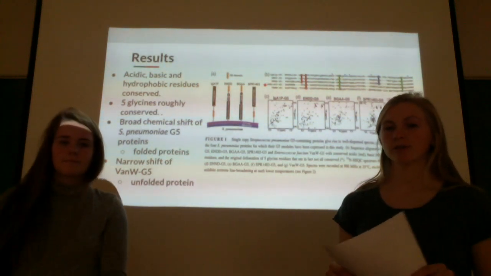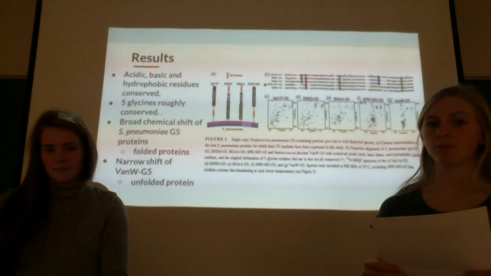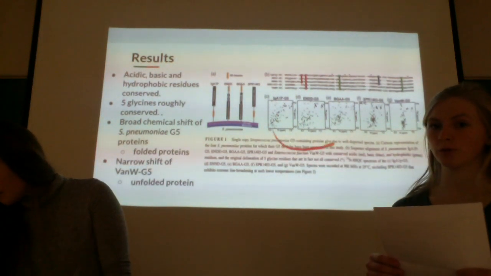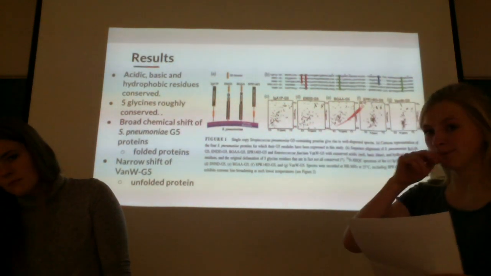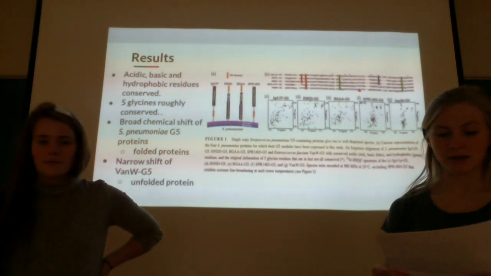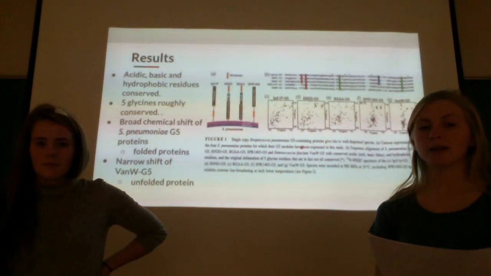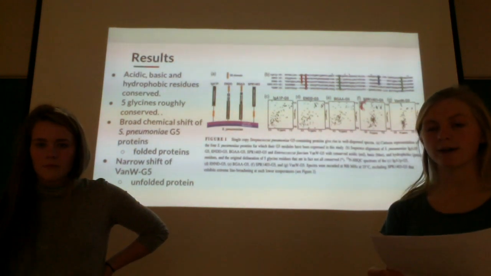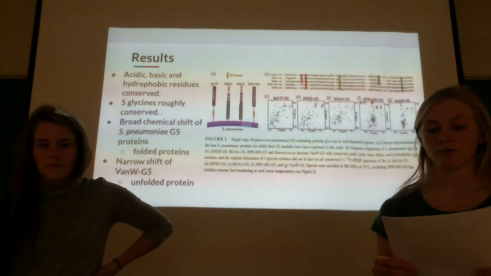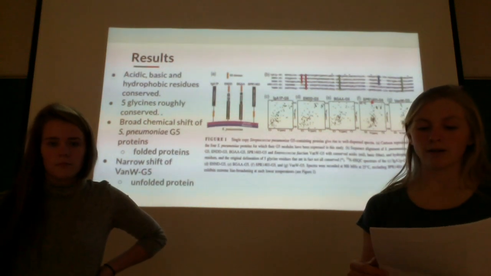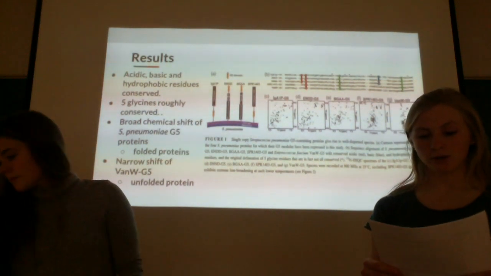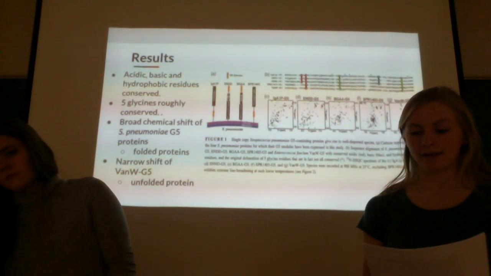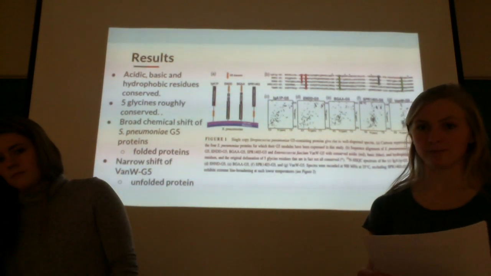The chemical shifts showed a broad chemical shift in the S. pneumoniae G5 domains, which are the first 4 that are displayed. That would be IgA1P, ENDD, BGAA, and SPR1403 G5 domains, and that's indicative of well-folded proteins, while the VAN-W G5 domain showed a narrow chemical shift, indicating it is an unfolded protein.